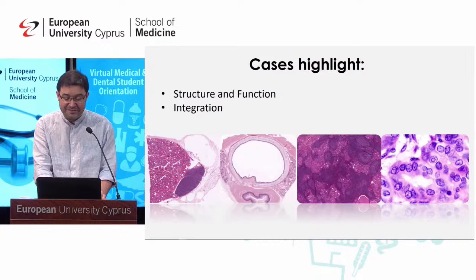For example, the first slide on the left in this figure shows the normal structure of the thyroid gland, the function of which is to produce thyroid hormones. The second picture shows that the thyroid gland is in fact located in the neck, and it is in close association with the trachea, which is the tube located at the center of the figure, and the esophagus, which is the tube located at the back of the figure.